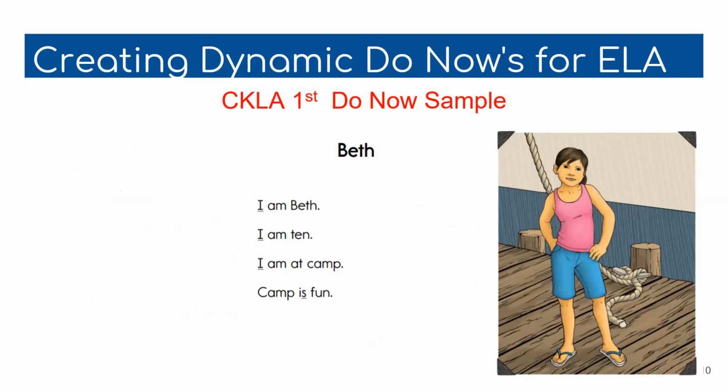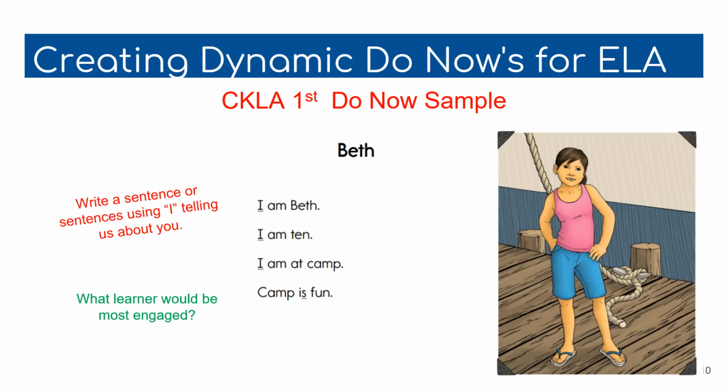We have the character Beth, and she says, I am Beth, I am 10. I am at camp, and camp is fun. The directions would be to write a sentence or sentences using I correctly as a capital letter, telling us about you. What learner would be most engaged, especially with the picture to the right?